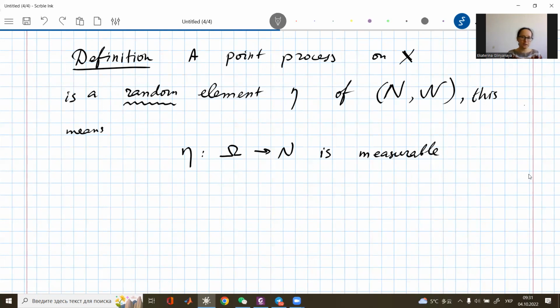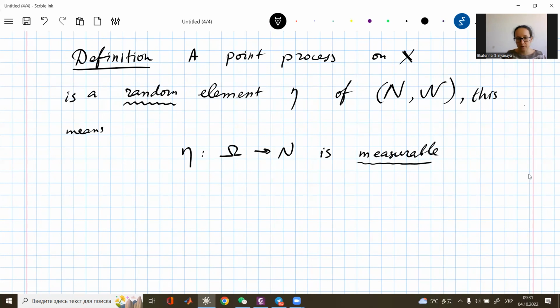We now understand the sense of these words, measurable mapping, because we have the definition of the sigma field on the space of measures.